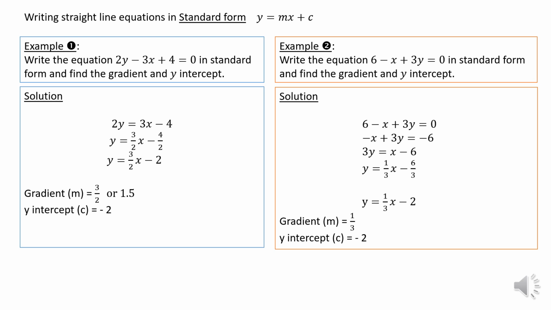Just one little point that I need to talk about this gradient. This gradient can be written as x over 3. And you should very much be careful that you do not think that the gradient there is just 3. There is the coefficient, but the whole thing represents the gradient, okay?